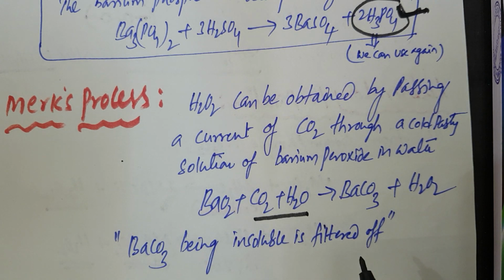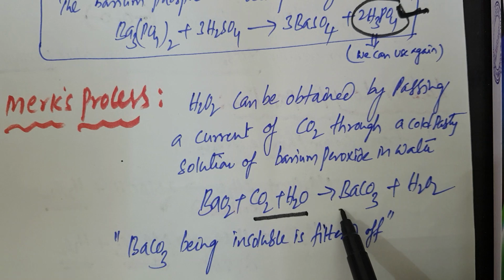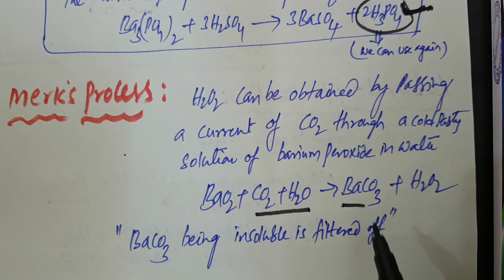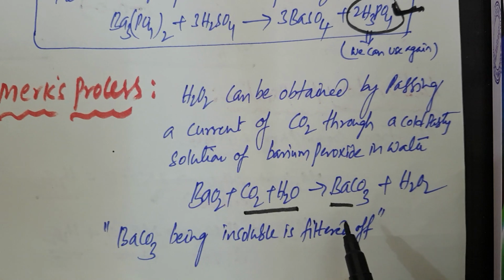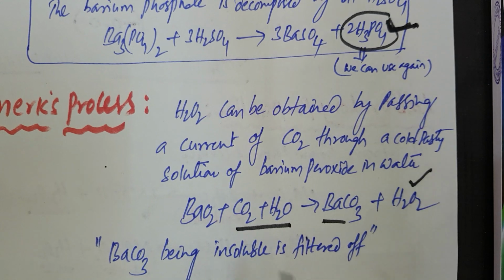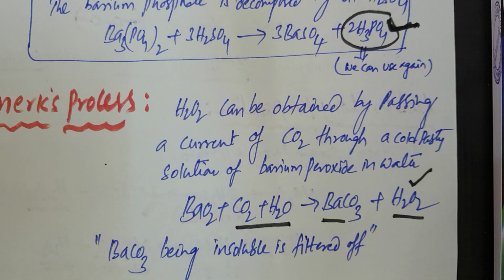CO2 plus H2O gives rise to carbonic acid, forming barium carbonate. This can be separated by filtration, and the product obtained is hydrogen peroxide. Simplest question, in the Merckx process, we prepare hydrogen peroxide using what material? Barium peroxide and carbonated water. Check once the reaction properly.